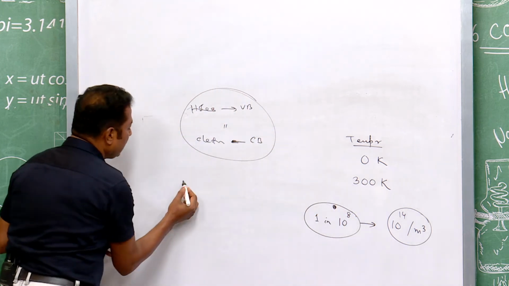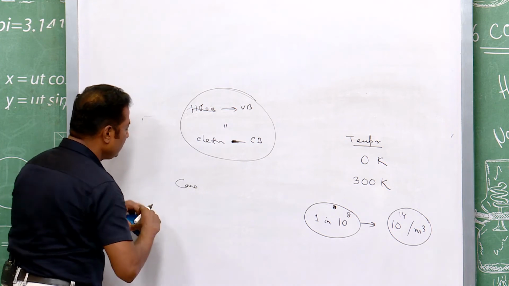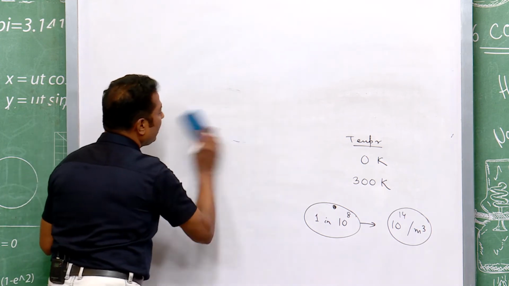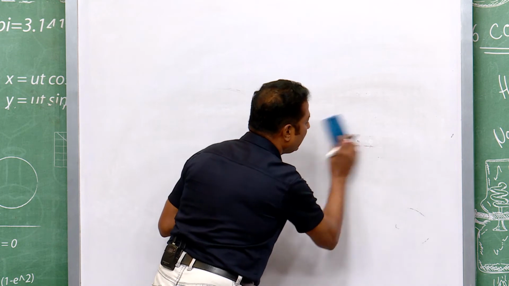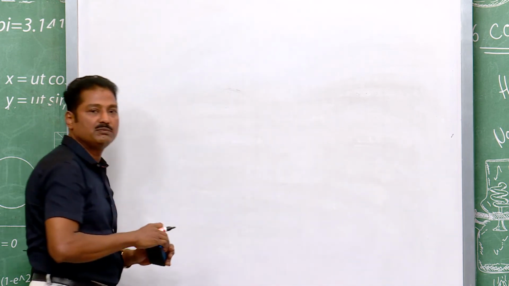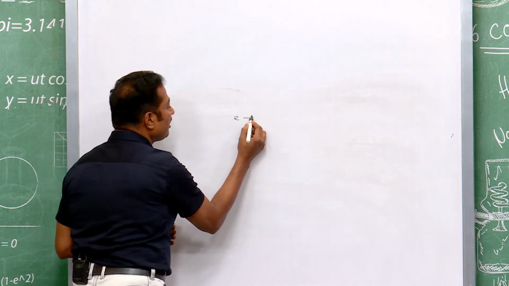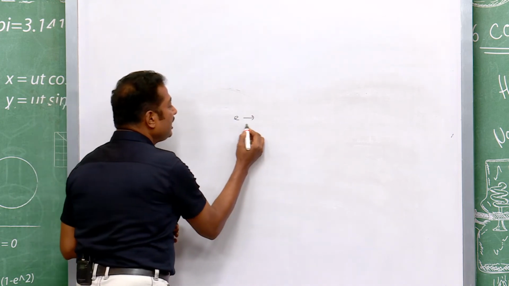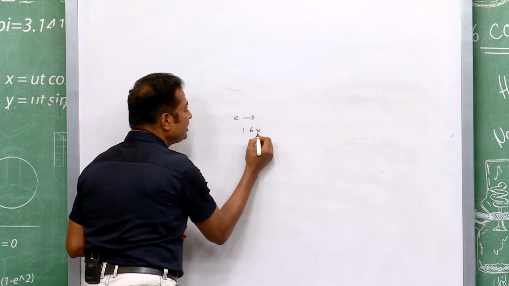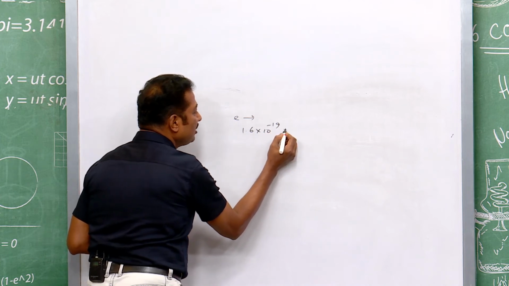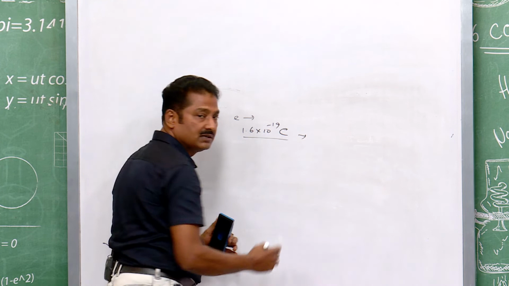Now, the current flow in semiconductor will be due to the motion of the hole and also due to the motion of the electron. Usually, we say the electrons travel, and the electron travels means 1.6 into 10 to the power minus 19 coulomb charge travels.